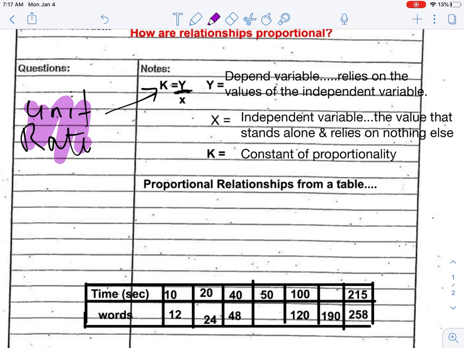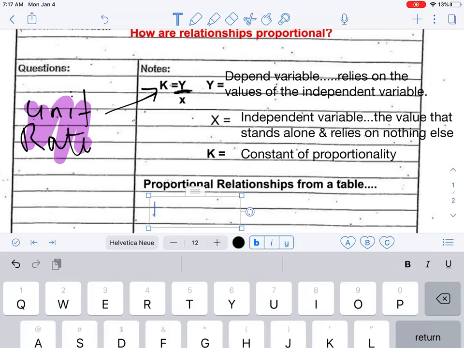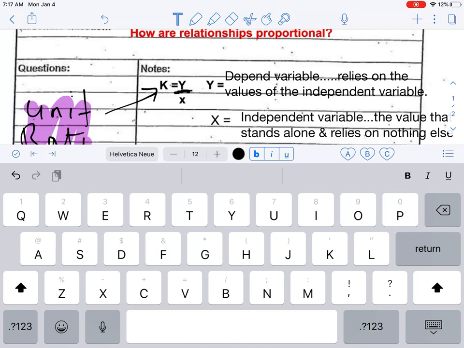Proportional relationships from a table. We're going to just put this in here, and then you'll get the rest of it.